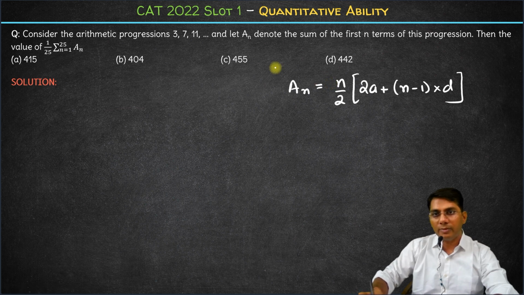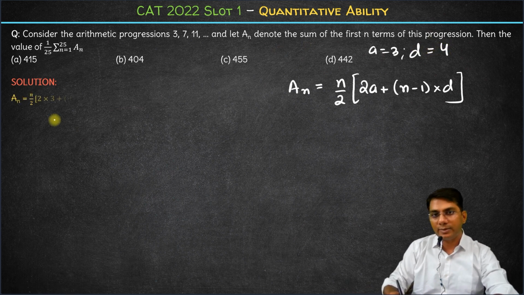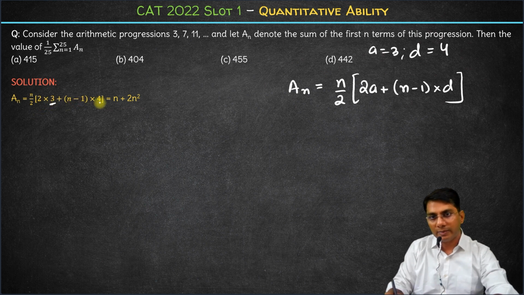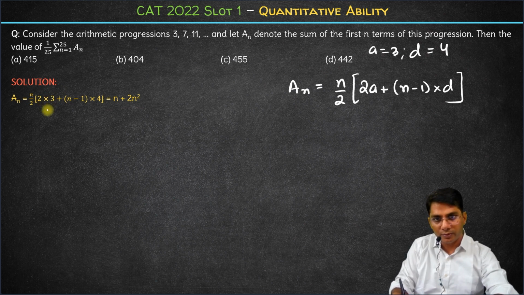Applying this formula, the first term is 3 and the common difference is 4. So the sum of n terms will be n by 2 into twice the first term 3 plus n minus 1 into the common difference 4. Let's simplify this. 2 into 3 is 6 plus 4n minus 4, with n by 2.